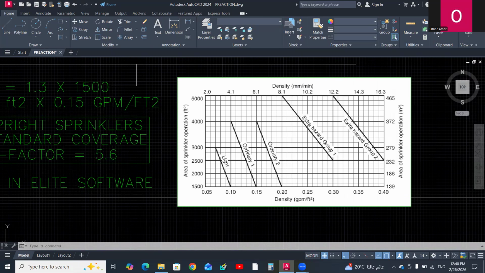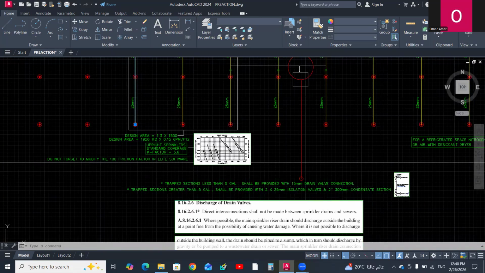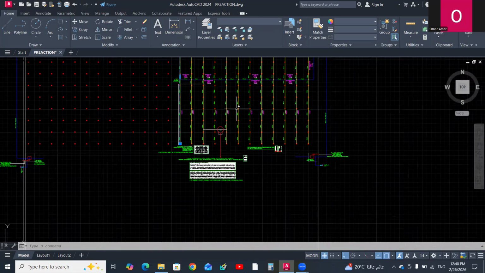As this is a dry system, the design area shall be increased due to the delay of water delivery. Due to the delay, more sprinklers will activate before the water reaches the hazard.